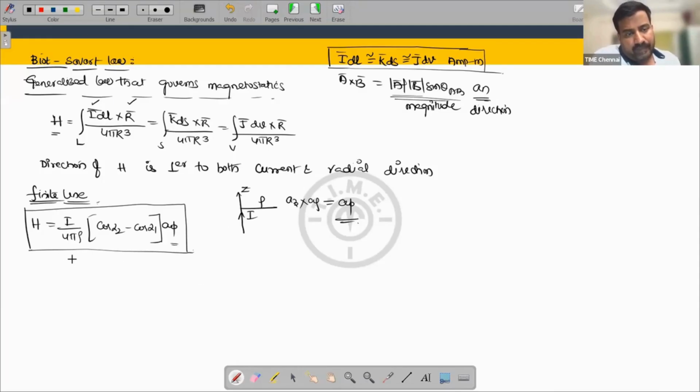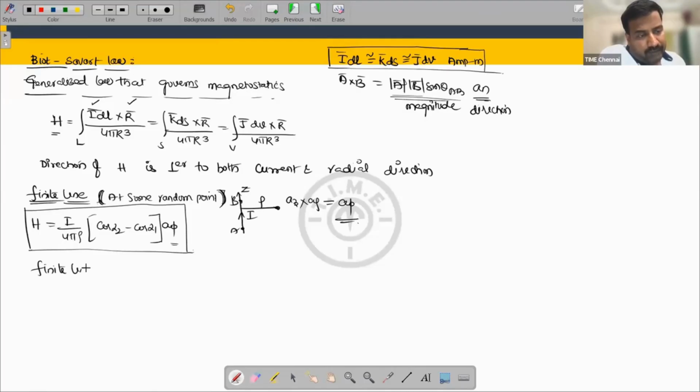This is for a finite line evaluated at some random point. If I take this for a radial point, in the sense the point of evaluation is in between the ends of the line, something like this, then instead of considering the exterior angle, you consider the interior angle for alpha 1. So minus cos alpha 1 will become plus cos alpha 1.